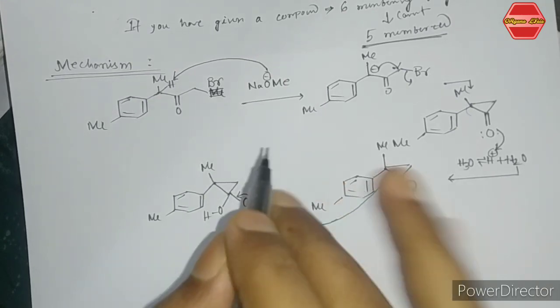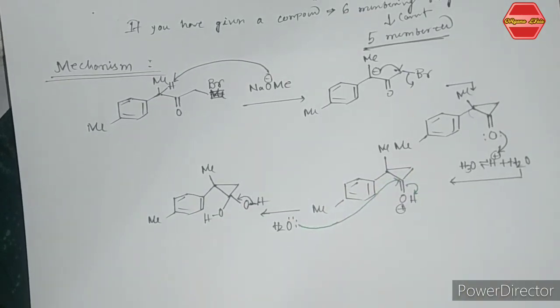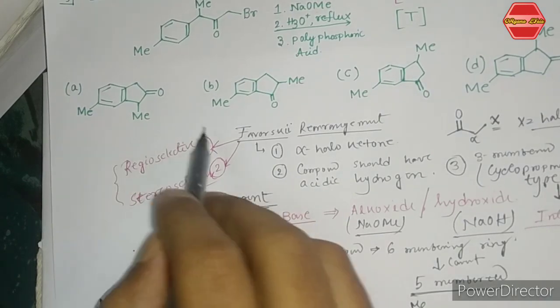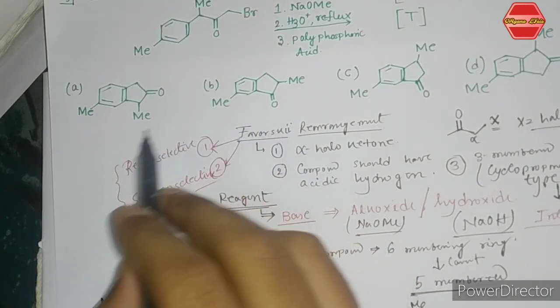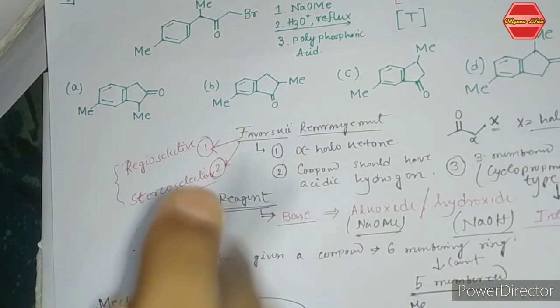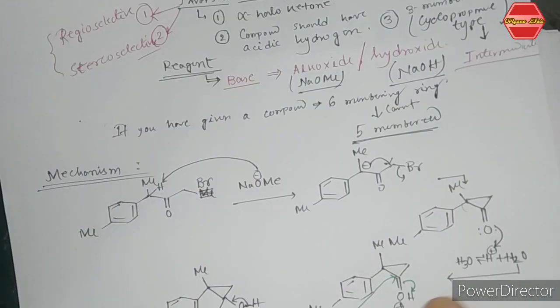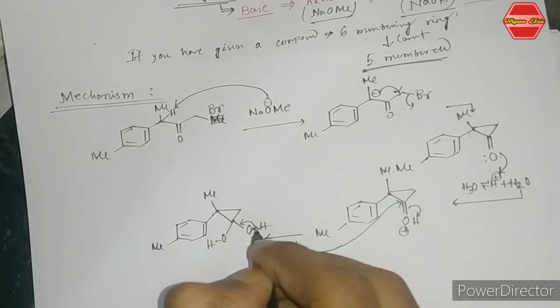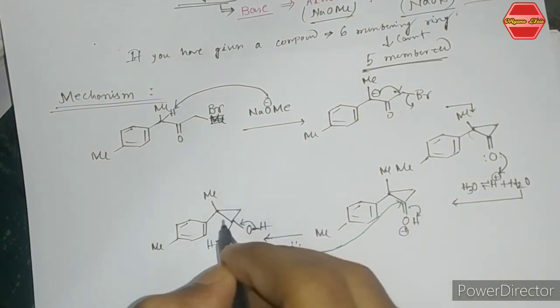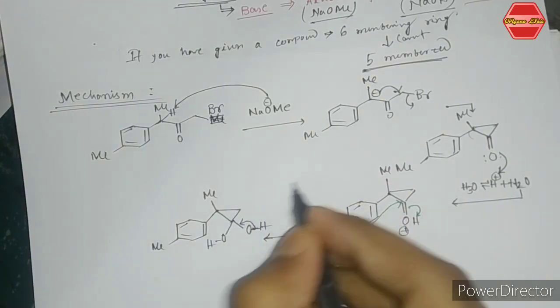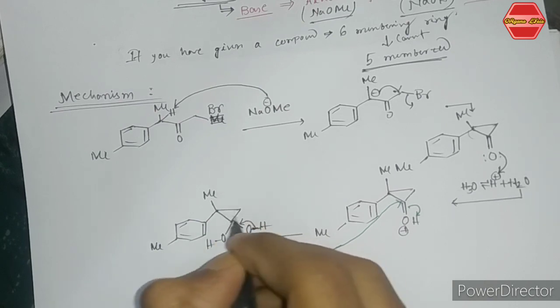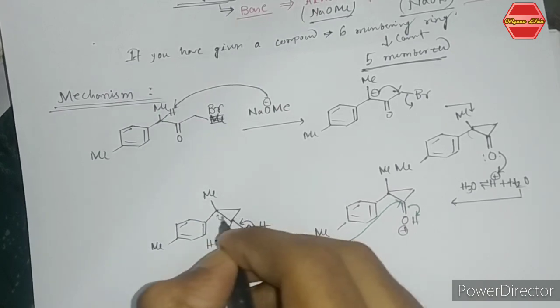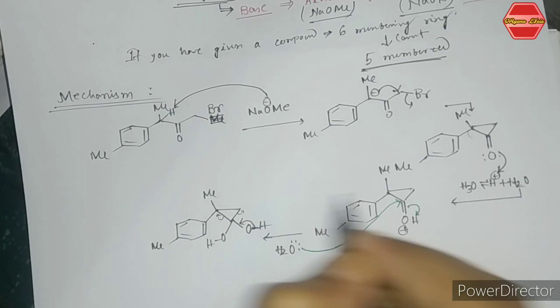Now there is a very important concept that I already mentioned here, that is regioselectivity. The Favorskii rearrangement is regioselective as well as stereoselective. And now here the regioselective concept arises. Now if the bond breaks here, there is a possibility of two types of opening. Either this bond will break, or this bond will break.